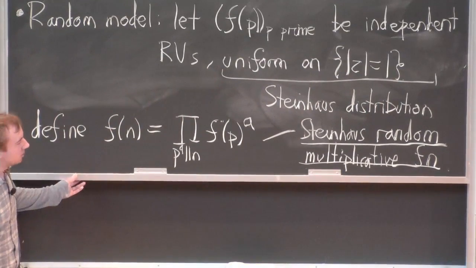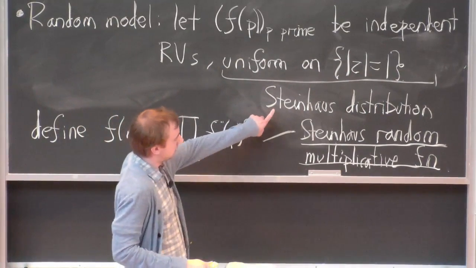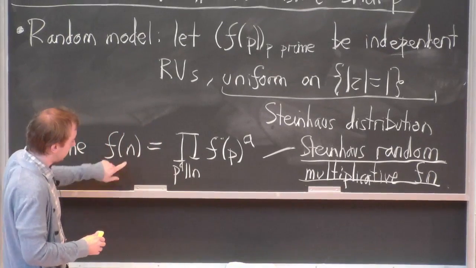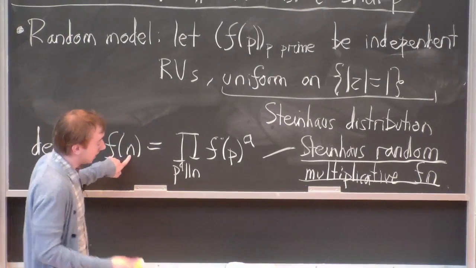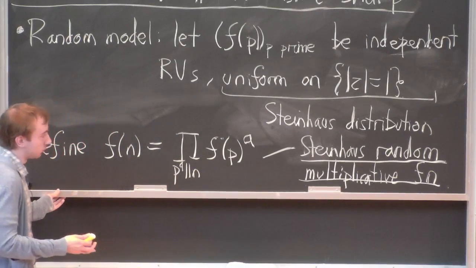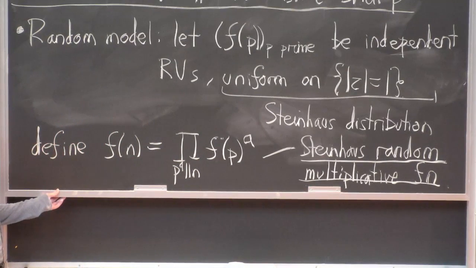It's a Steinhaus random function because it's built from these Steinhaus random variables. And it's multiplicative because you can see that the value at n is built multiplicatively from the values at all primes. And actually, it's totally multiplicative, just like a Dirichlet character is totally multiplicative.